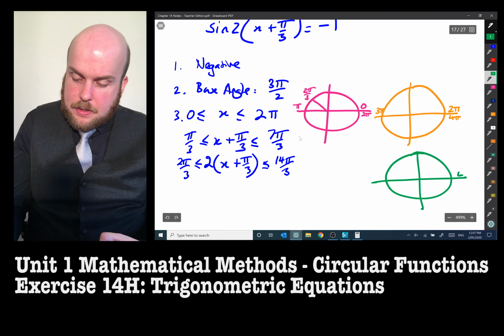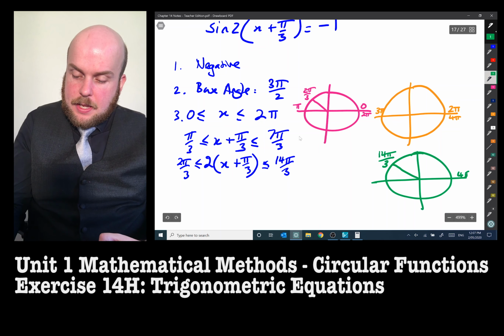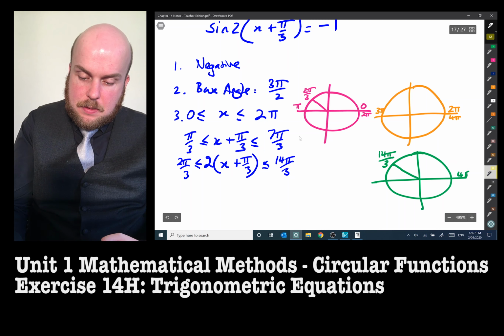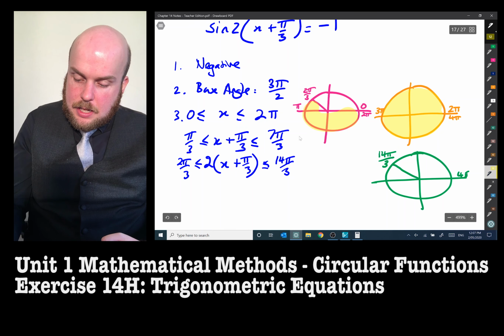So there was 4 pi, and that would be 14 pi on 3. So we need to consider, from this point onwards, all of this second circle, and then from here to there.